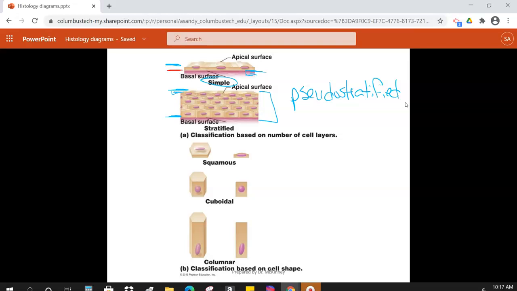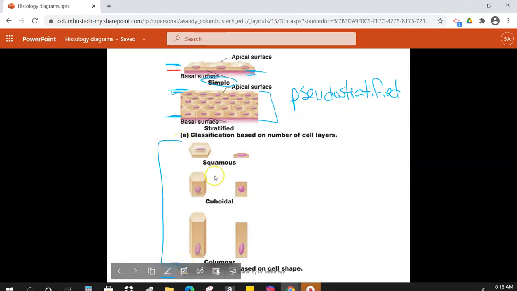And that is what pseudostratified means. The reason it looks pseudostratified is because the nuclei will be in different layers. So they will appear to be in different layers. But again, if you follow the apical surface all the way to the basal surface, you'll see that there's only one layer of cells.